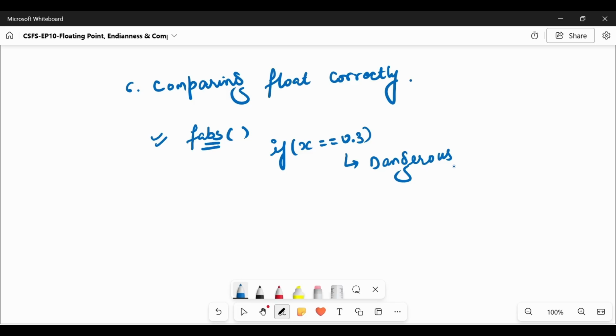It can lead into undefined behavior. That is why we should avoid floating point comparison in this way in a real system. Otherwise, at one point or another, our system is going to crash for sure.